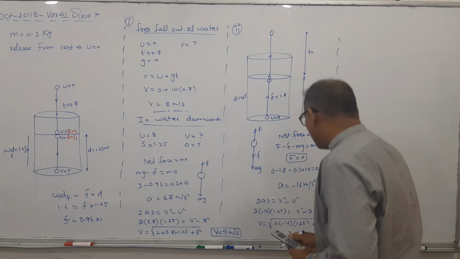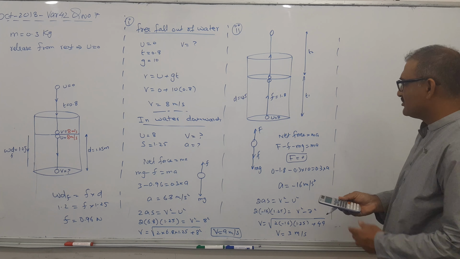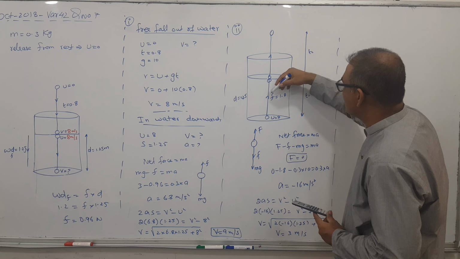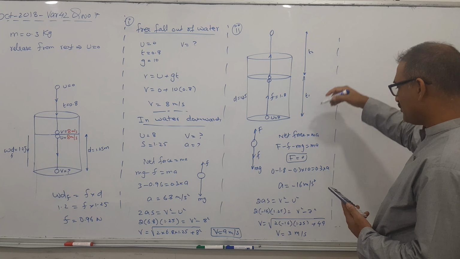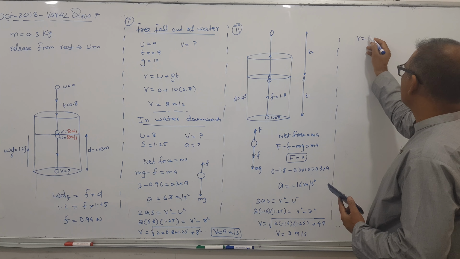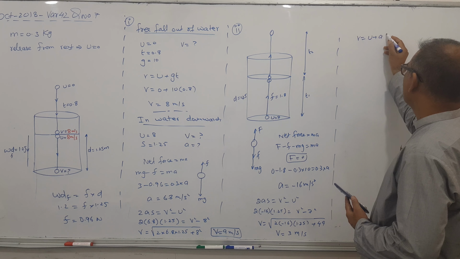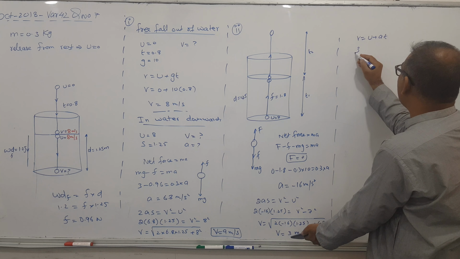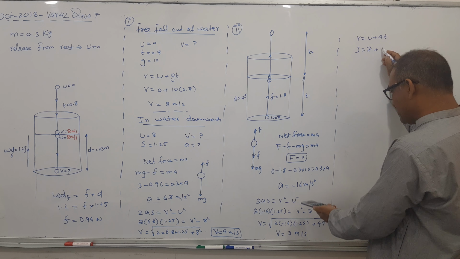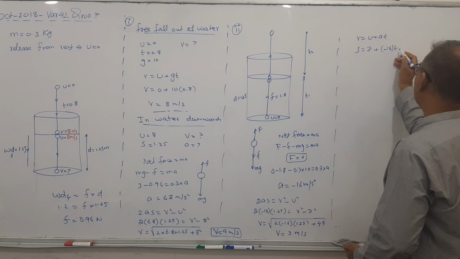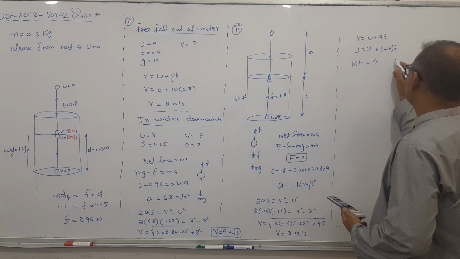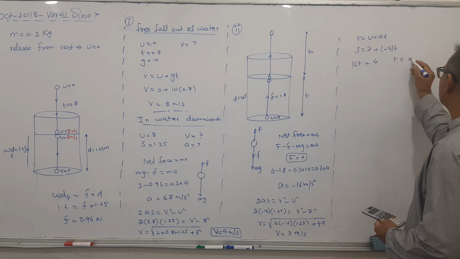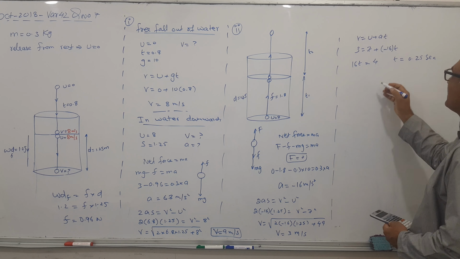But I need the time too. This v will help us get it. v equals u plus at, where v is 3, u is 7, and acceleration is negative 16, so the time comes to 1 by 4, that is 0.25 seconds in water.